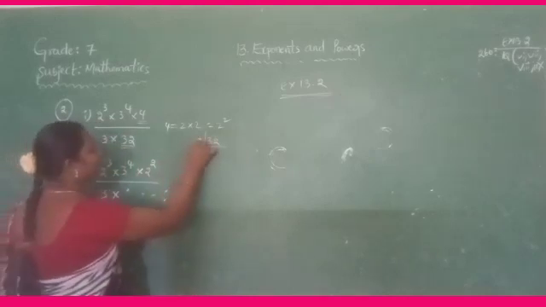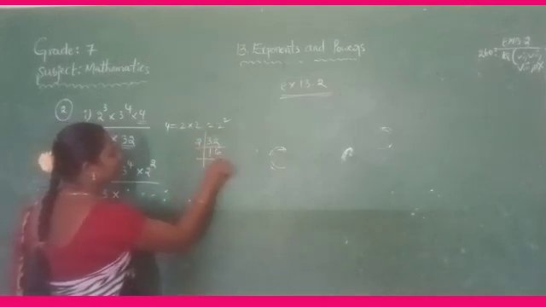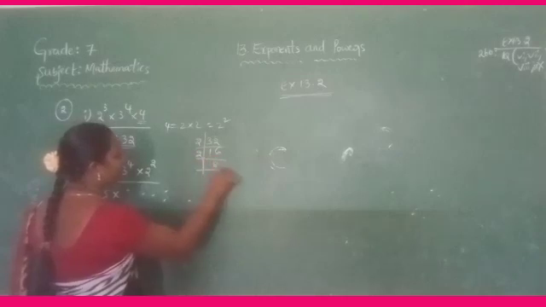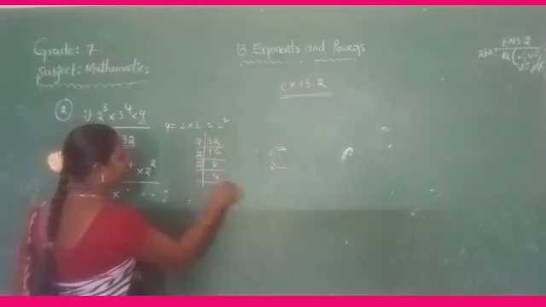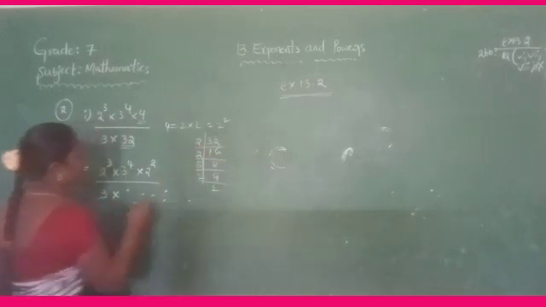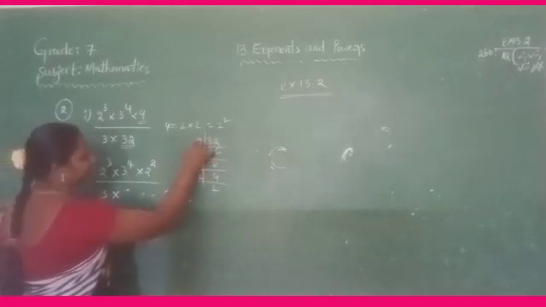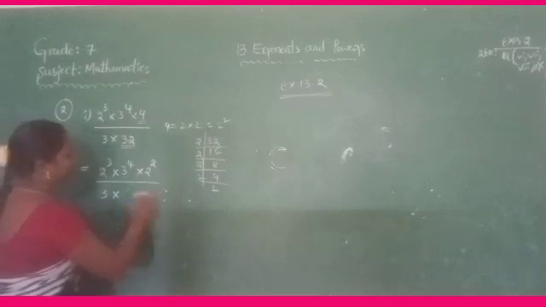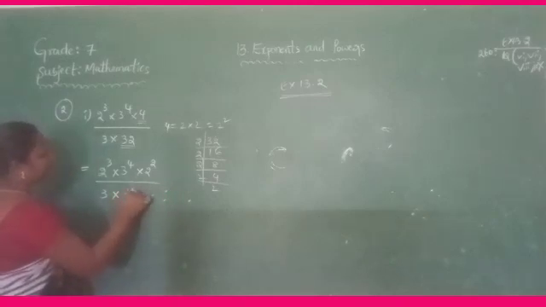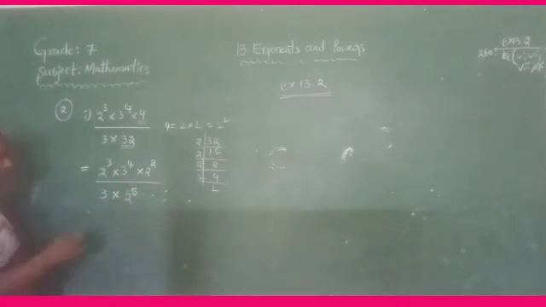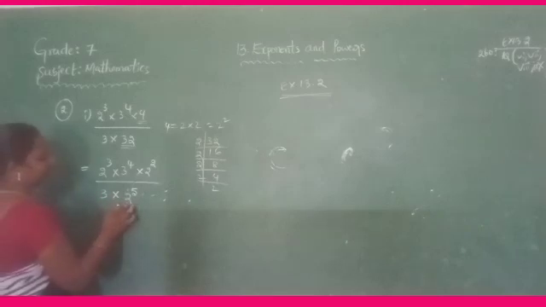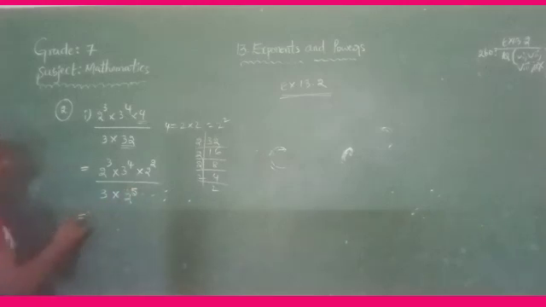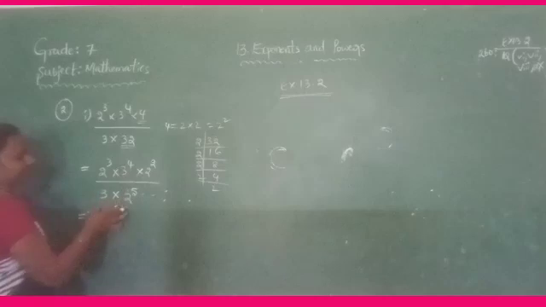How to do? 2 ones are 2, 2 6s, 2 8s, again 2 4s, 2 2s. Okay, so how many 2s here? It is 1 2 3 4 5. So 5 prime factors of 32. We can write it in the form of exponential, that is 2 to the power of 5. Observe here all 2's and 3's given, it is easy to simplify.